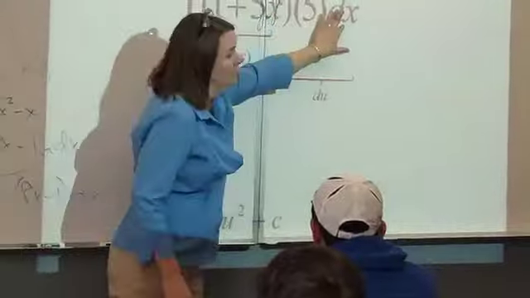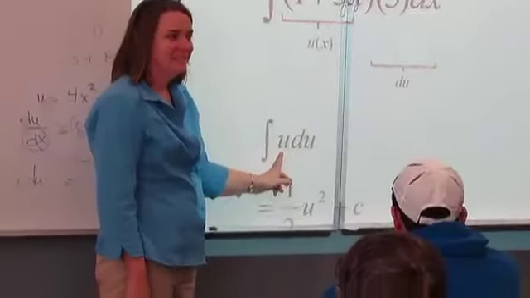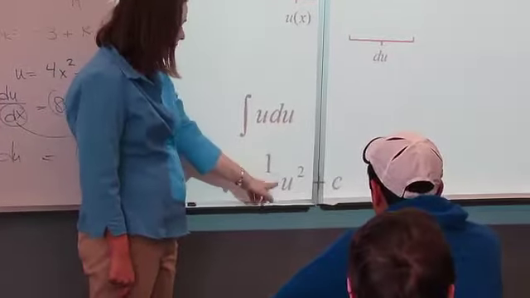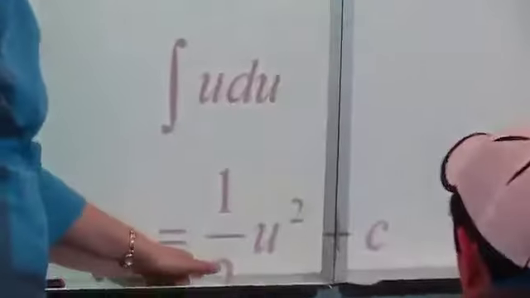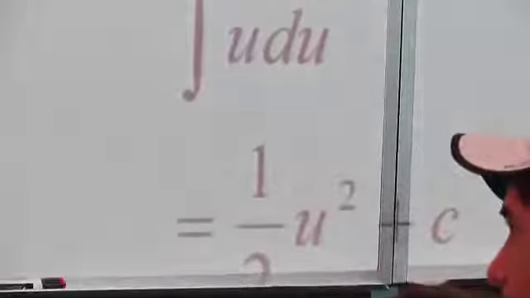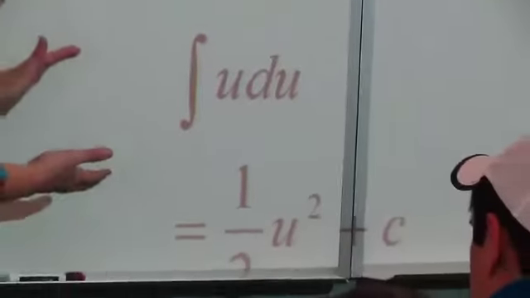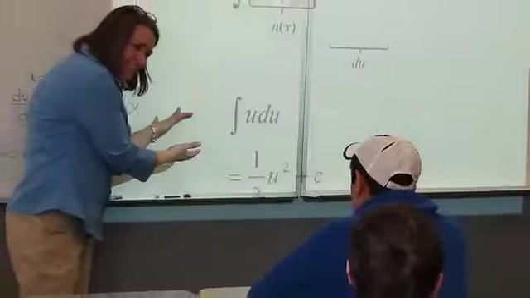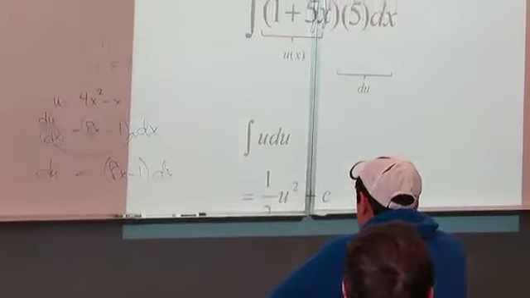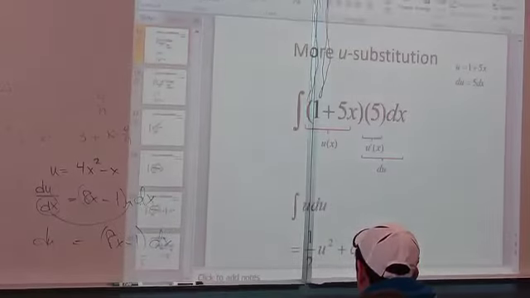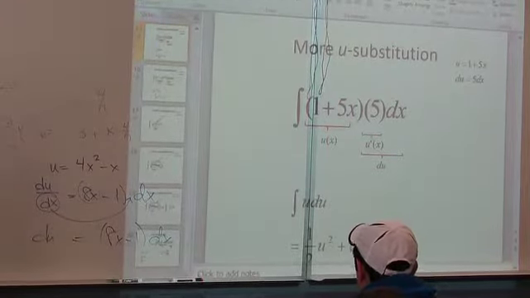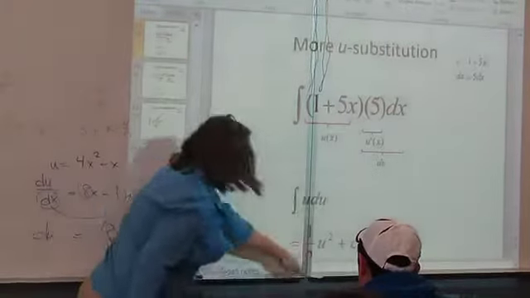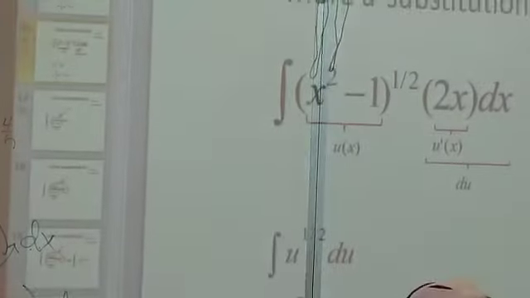U du. Its antiderivative is going to be u squared and divide by the 2. Where do you get the half?